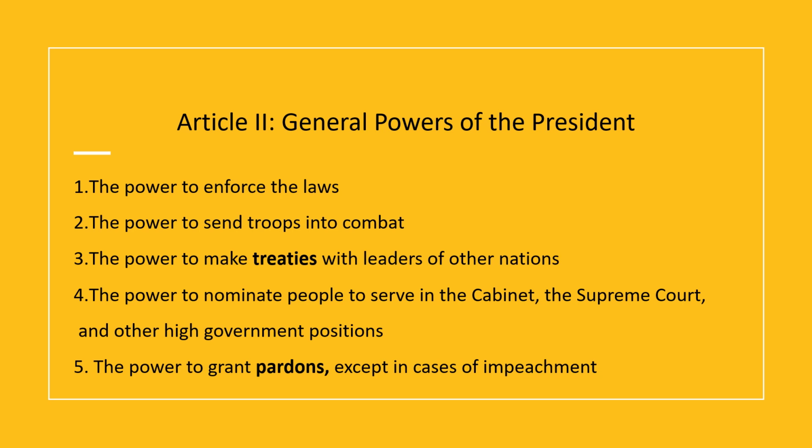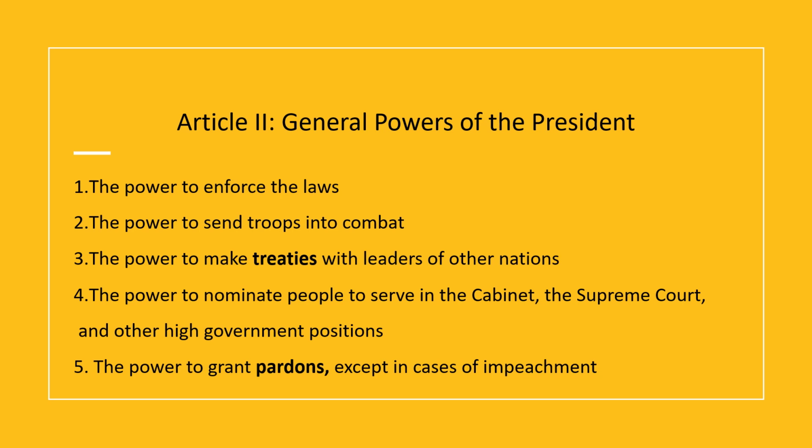The president also has the power to nominate people to serve in the cabinet, the Supreme Court, and other high government positions, but again, it's up to the Senate to confirm those positions. And then the president also has the power to grant pardons. However, granting a pardon, meaning taking a person's conviction away, even if they're sitting in prison for a crime that they've committed, they can be pardoned, but the crime must be a federal crime.